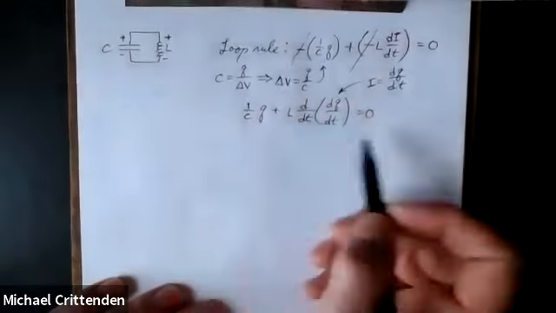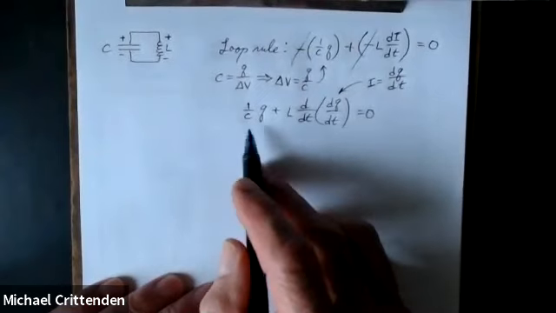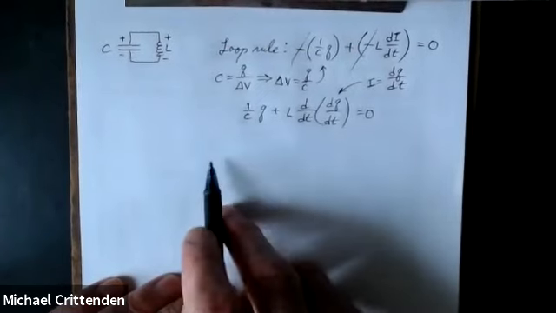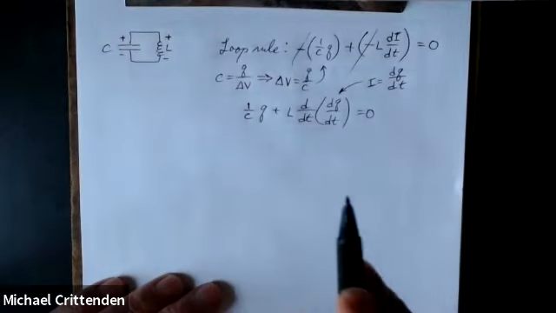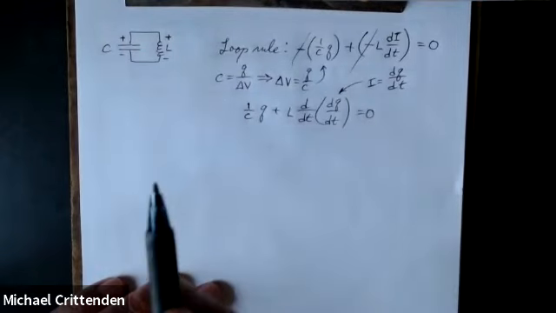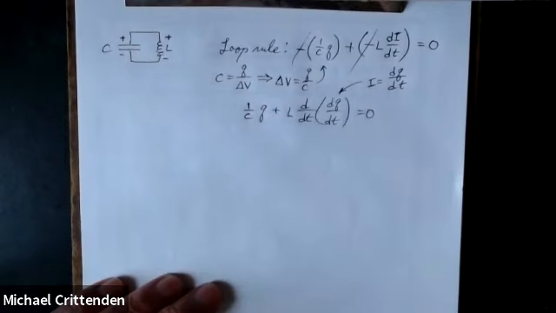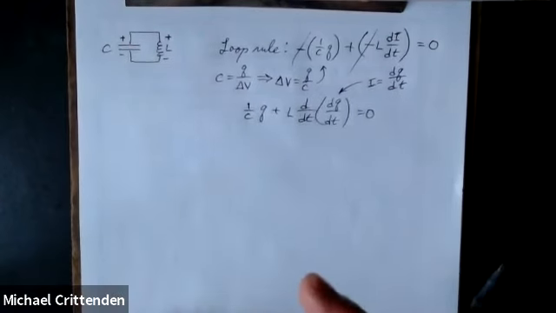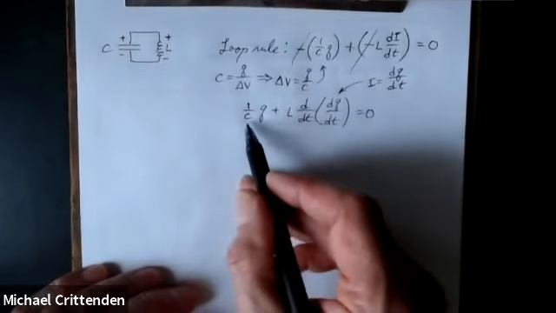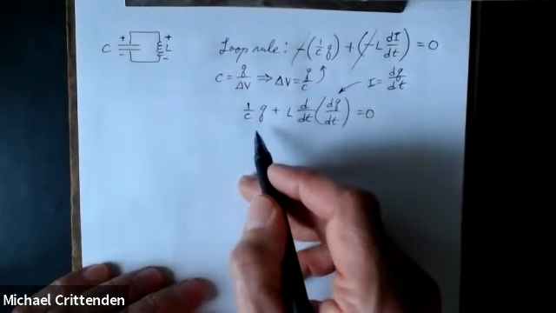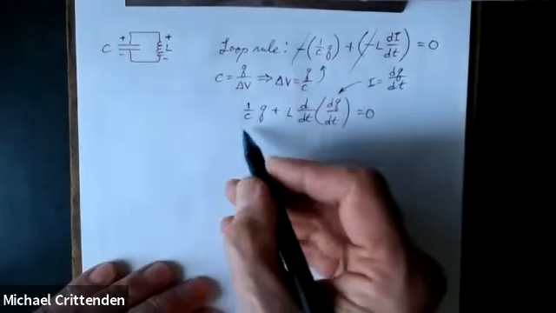Usually what you do with a differential equation is put the terms in descending order, like the highest order derivative, then the next highest one, so like a third derivative, then a second derivative, then a first derivative. And if you had all those terms, that would be a really tricky thing to solve. But divide both sides by L in order to collect the constants together. That's the other conventional thing to do.